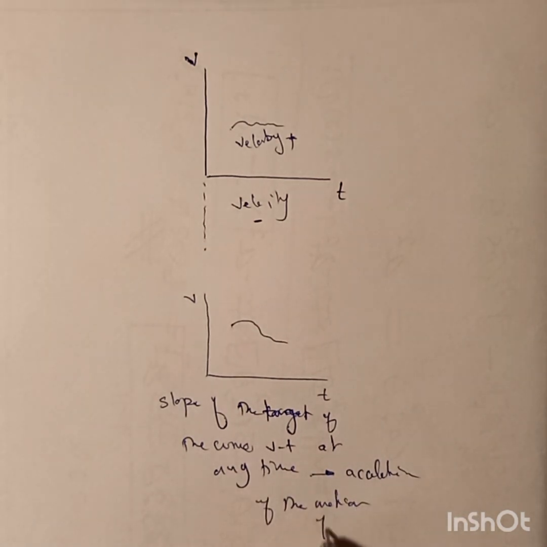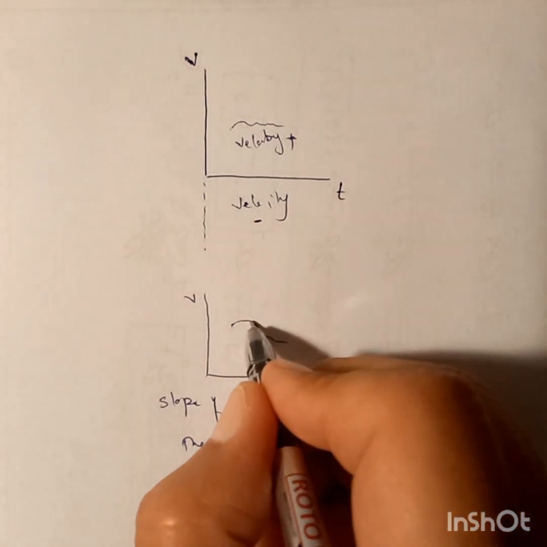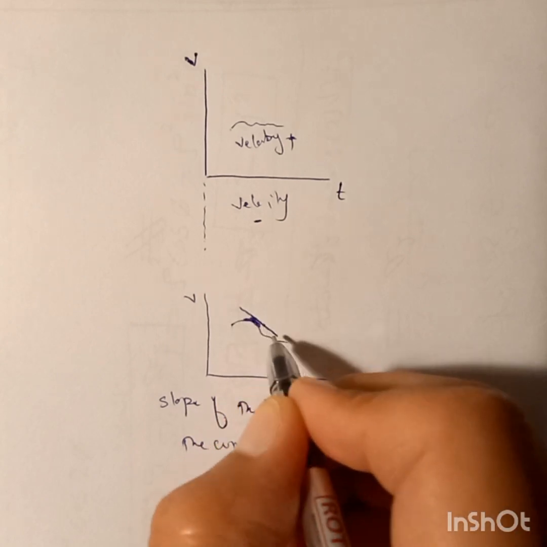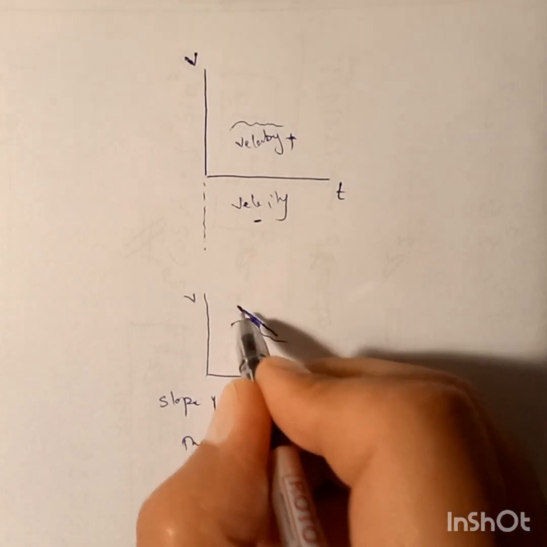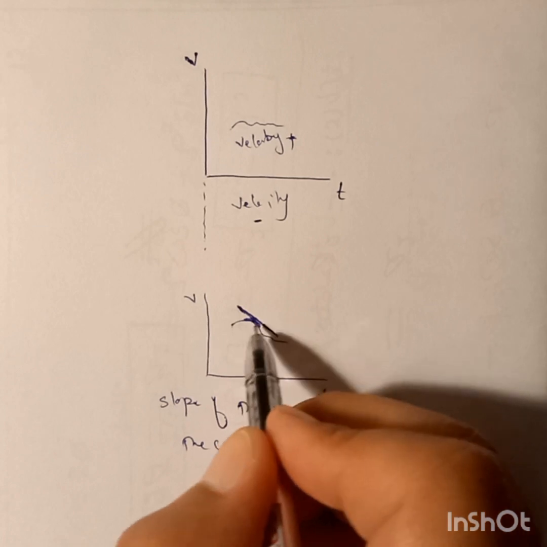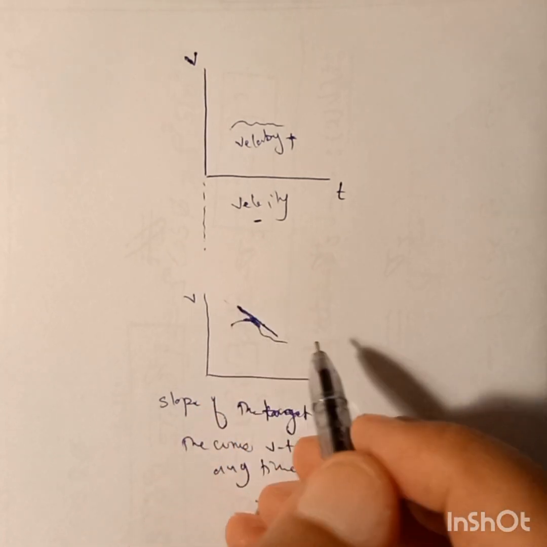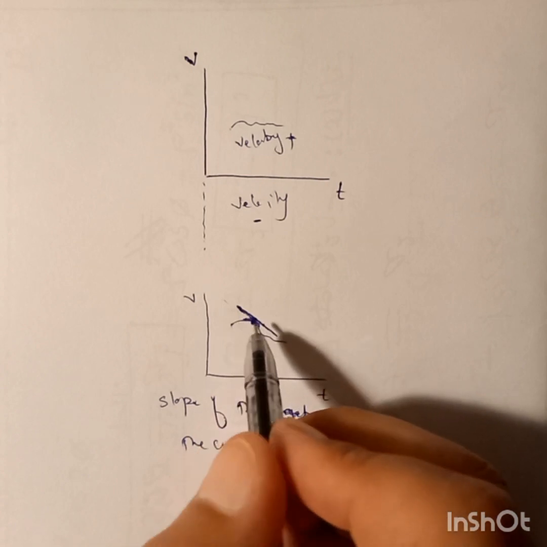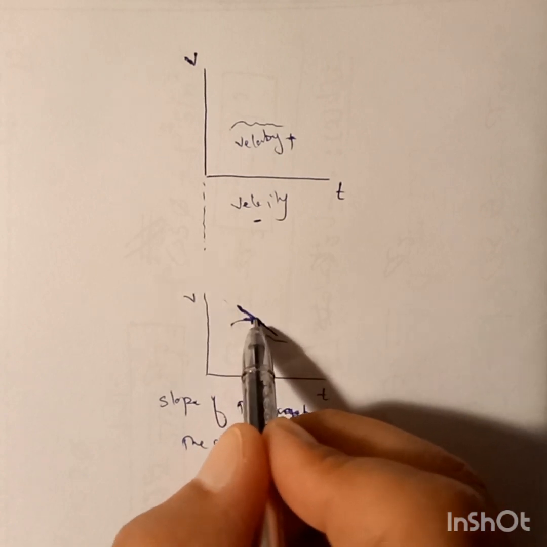If we find, for example, this tangent, then the slope of the tangent of this curve at this moment represents the acceleration of the body motion at this point.